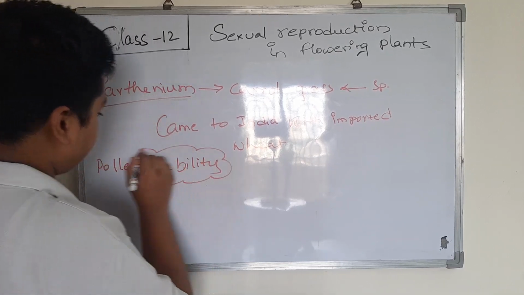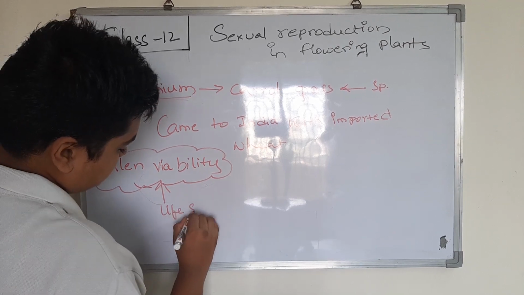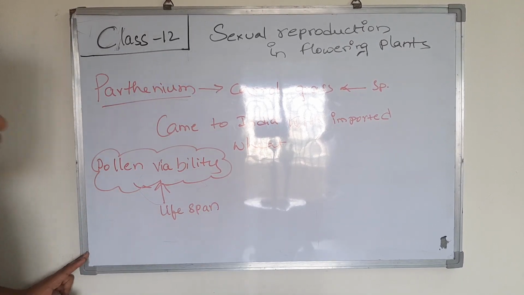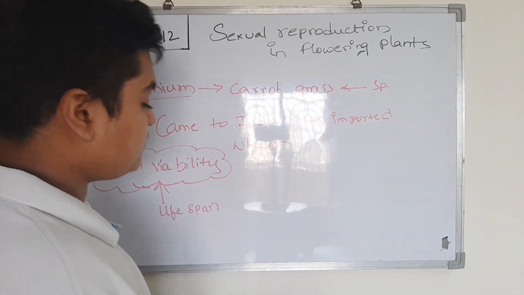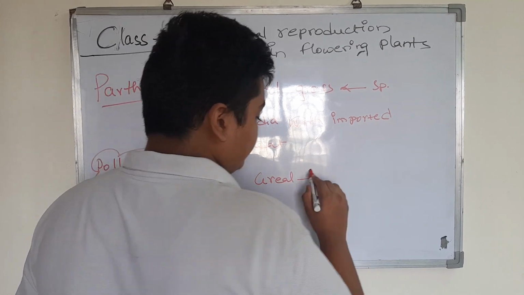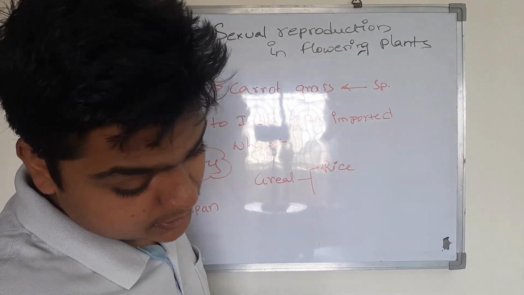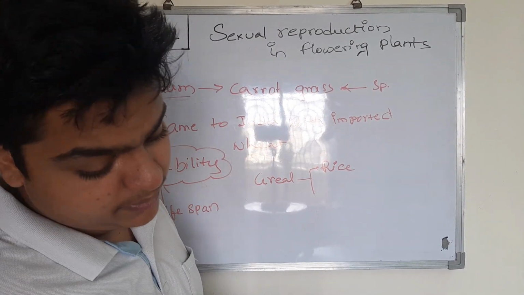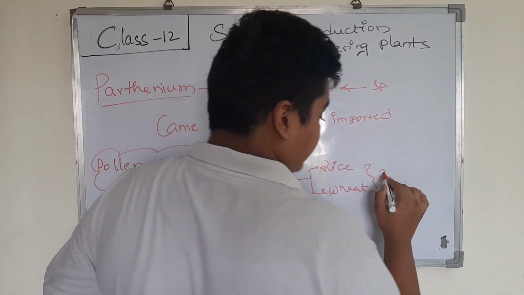It generally varies. In some cereal plants like rice and wheat, it is only 30 minutes.